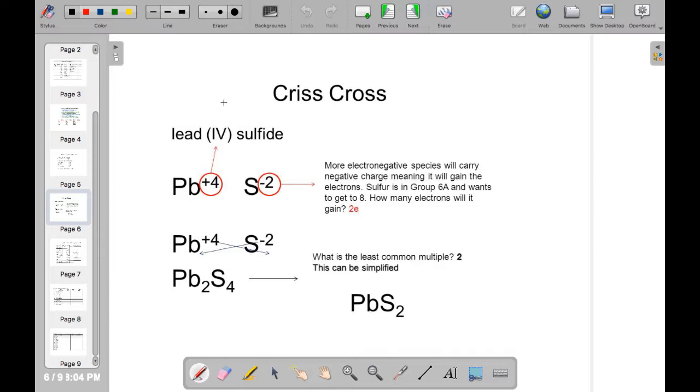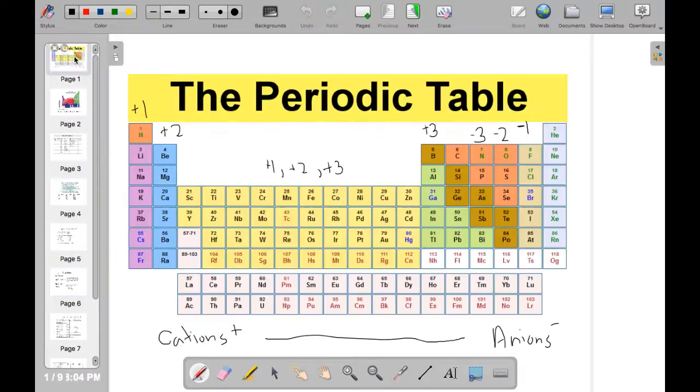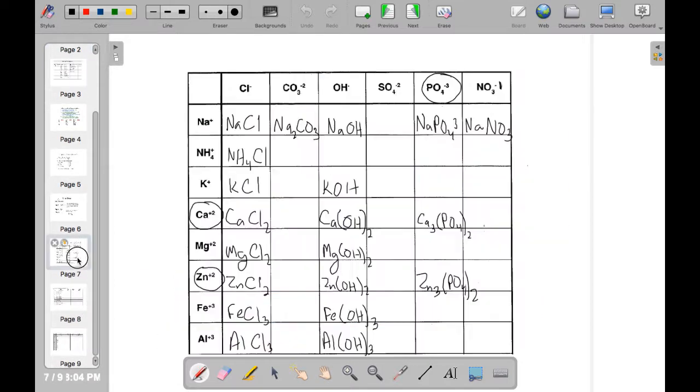Now right here, this is a Roman numeral that tells us this is lead 4. That's because if you remember right, these transition metals here, these have multiple oxidation states, meaning you could have lead 1, 2, 3, 4. So when that happens, they put a Roman numeral next to it so we know what it is.